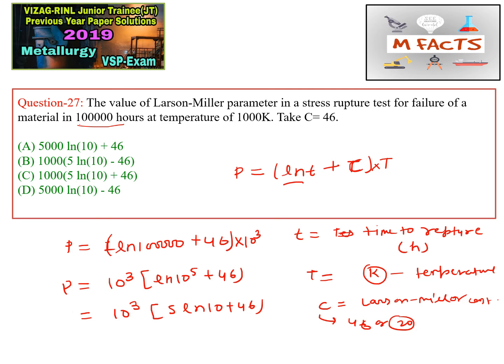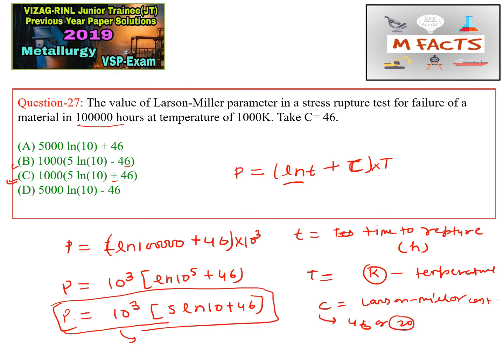Now we write this equation in our option form, so we can easily match from the options. We got P, the Larson-Miller parameter, equals 1000 times, so B may be correct or C may be correct. One option is 5 ln 10 minus 46 and the other is plus 46, so the answer is 10 to the power 3 times (5 ln 10 plus 46).